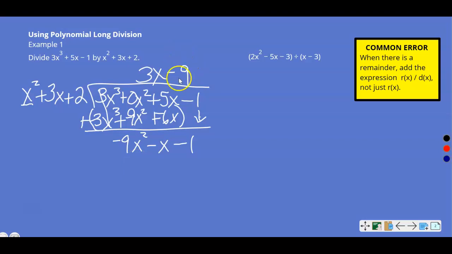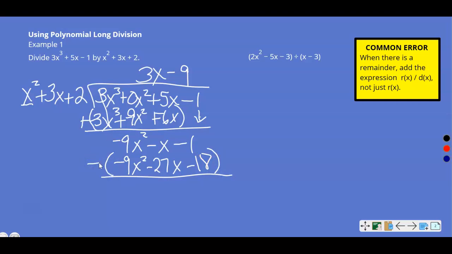Then we have to multiply it again by each of the terms in the divisor. Negative 9 times x squared is negative 9x squared. Negative 9 times 3x is negative 27x, and negative 9 times 2 is negative 18. We're going to do the same process as before: take this whole row and subtract it.